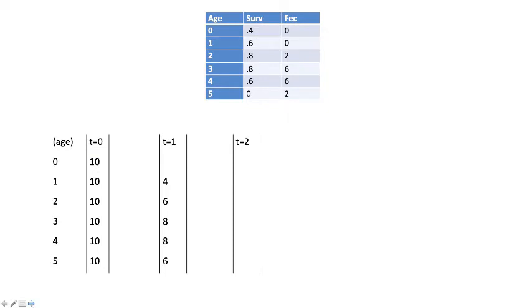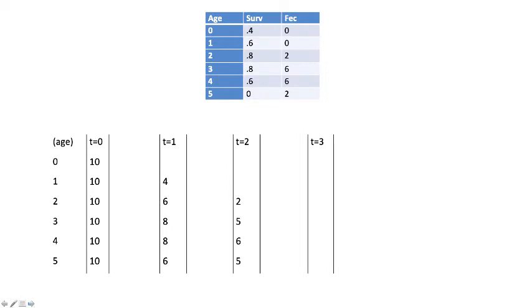T equals 2 years from now. We can get there by projecting again, presuming age-specific survival rates stay the same. The 4 one-year-olds survive at 0.6, so there will be 2.4, rounded to 2, two-year-olds in year 2. The 6 two-year-olds will survive at 0.8, so 4.8, round to 5, and boom.